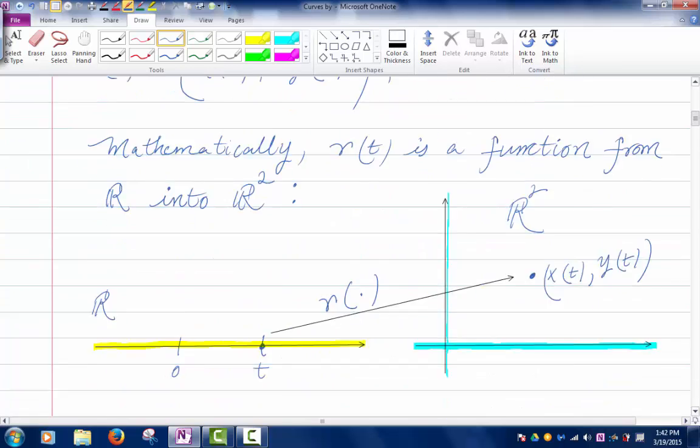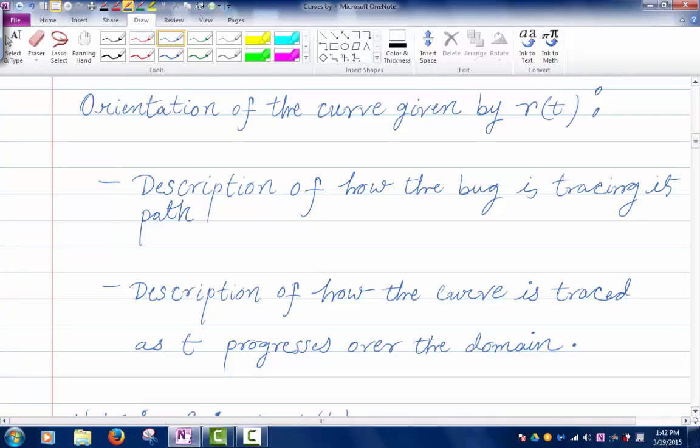So the orientation for us means the description of how the curve is traced, or you can say the description of how the curve is traced as the parameter t is progressing over the domain. And we're going to see how to determine that in an example in a bit.